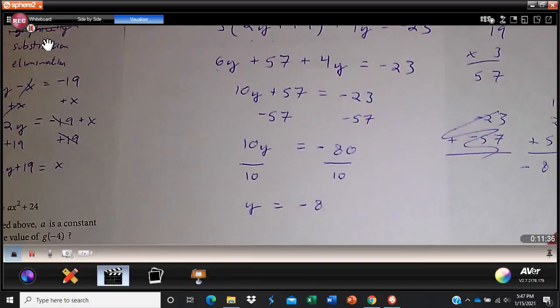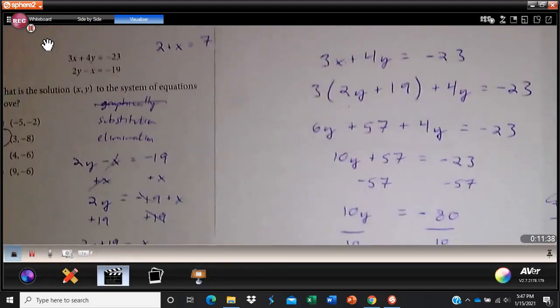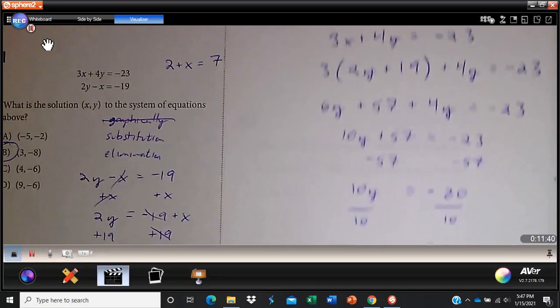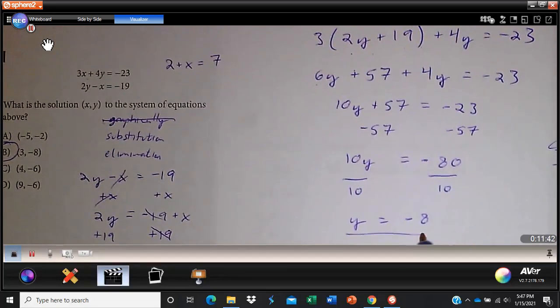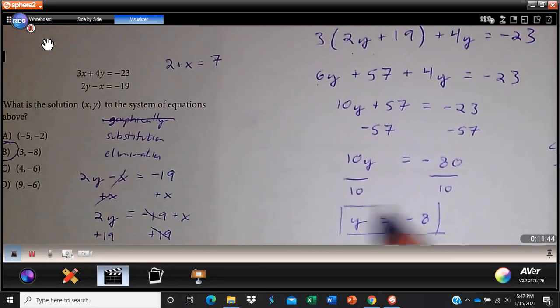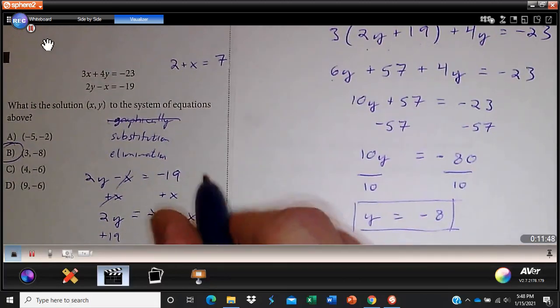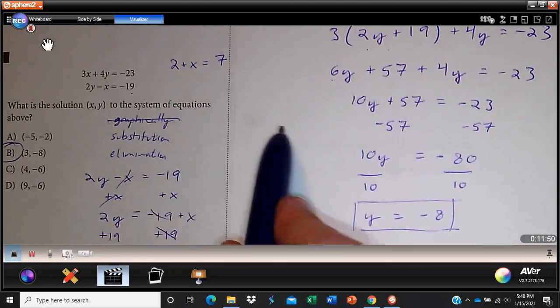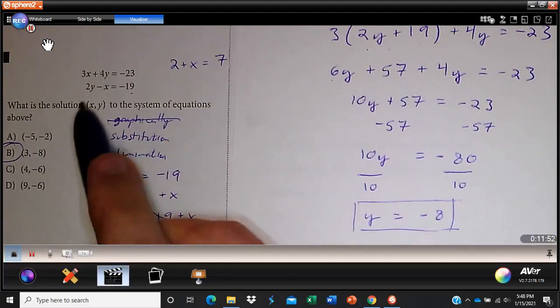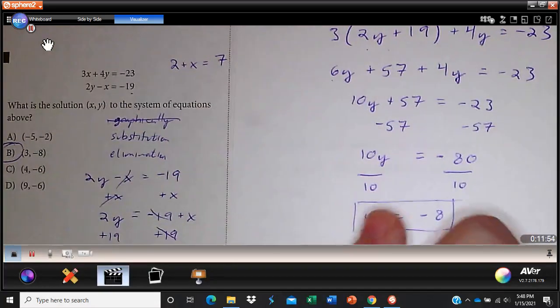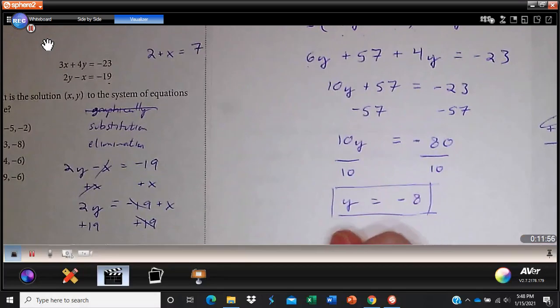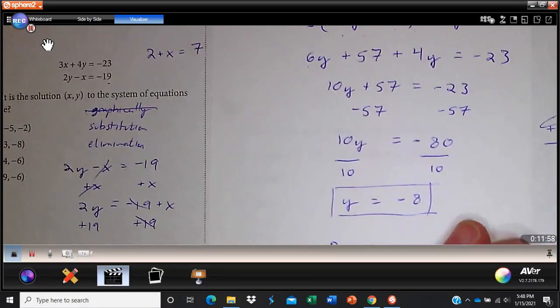For the sake of completion, I am going to actually solve for x, and I know what y is, so I'm happy about that. And I just have to find what x is. So let's use the second equation. If I plugged in this value for y, I will be able to solve for x. So let me rewrite it here. 2y minus x equals negative 19.